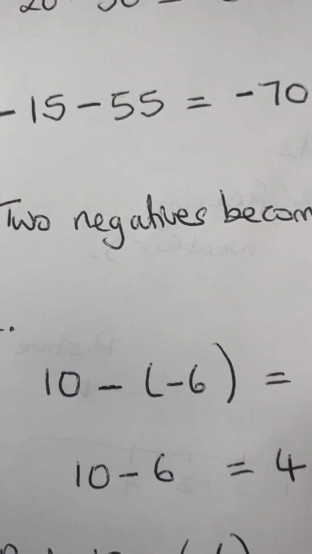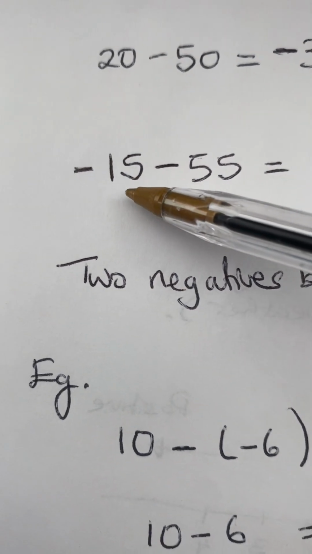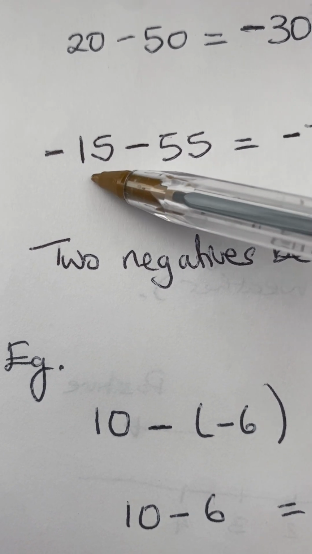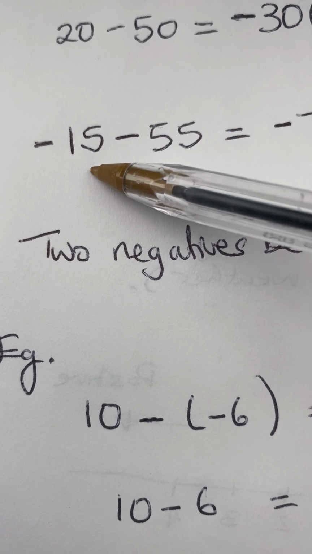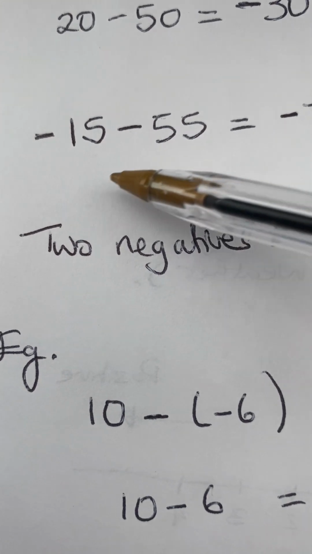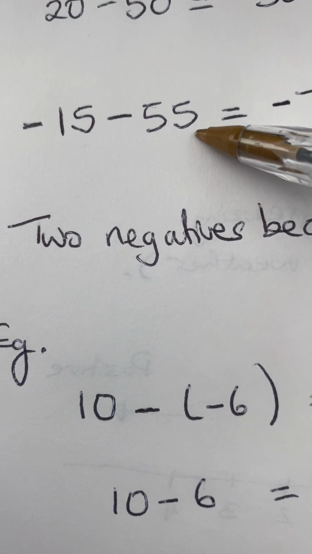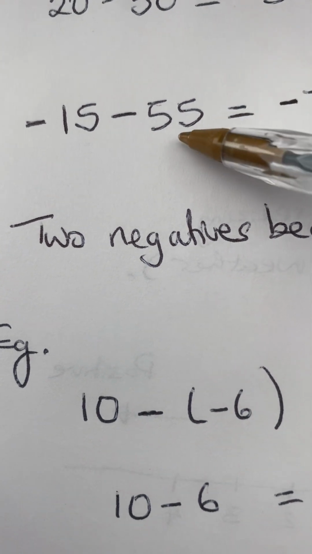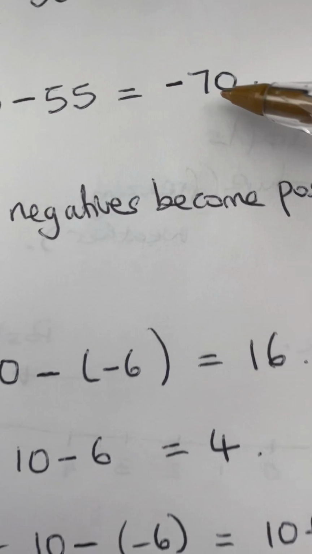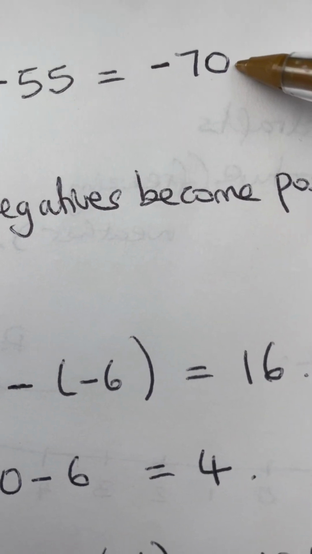Let's look at this example too. Here what it means is you are already in overdraft, minus 15. Instead of going to pay it and clearing that overdraft off, you went ahead, maybe because of circumstances, and took another 55 pounds. So now you owe minus 70.